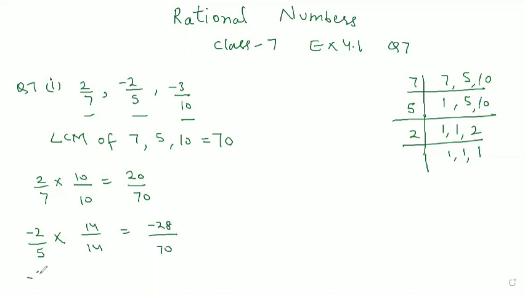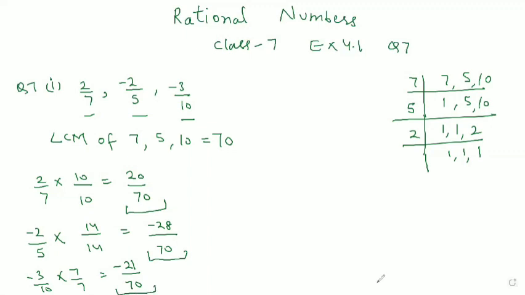Now minus 3 by 10 times 7 by 7 gives minus 21 by 70. So after equating the denominators we have 20 by 70, minus 28 by 70, and minus 21 by 70.